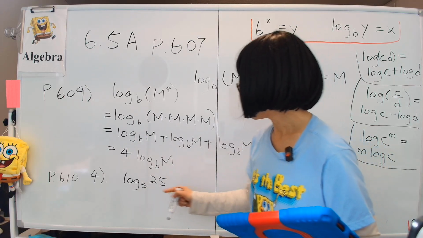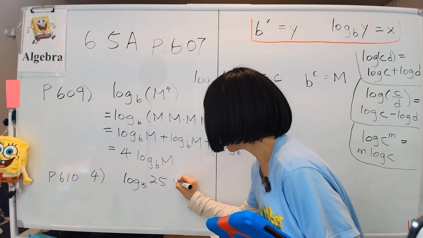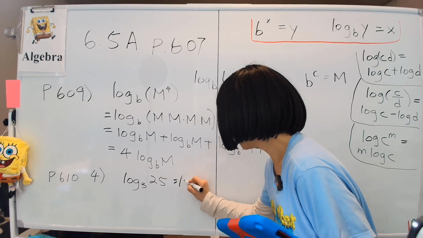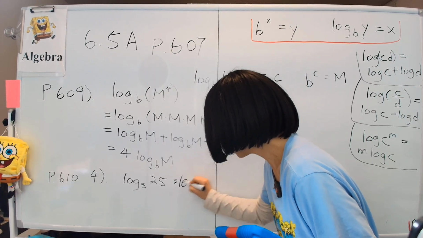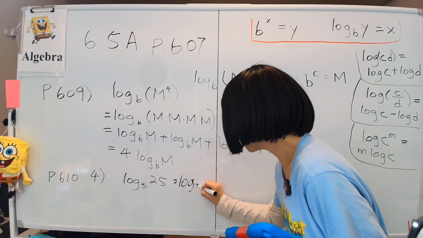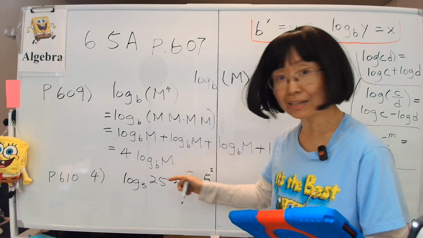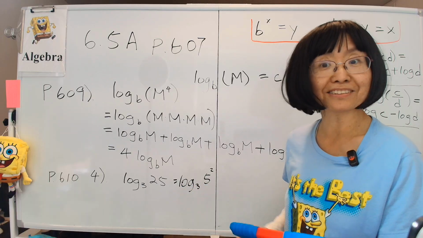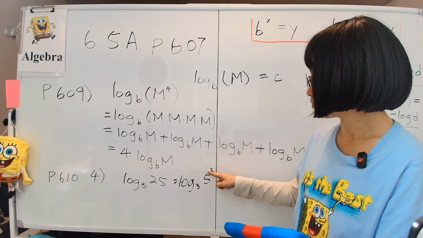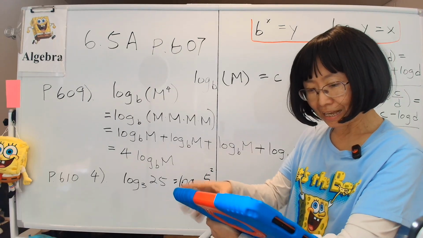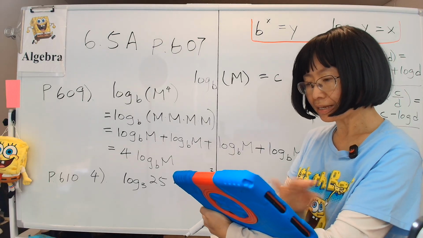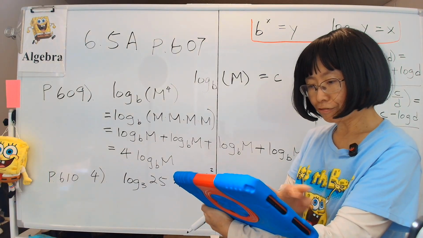Now what is that? Well, 25 is the same as 5 squared, so log of 5 squared, and you just kick the 2 in front, and that's your answer. See, it says so right here in the book. Kick the power in front, and that is that. And then that's example 4.